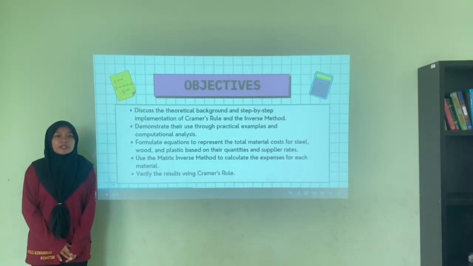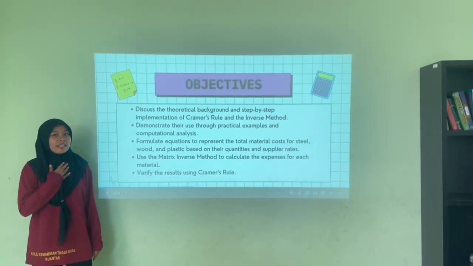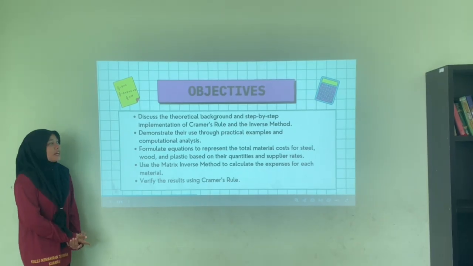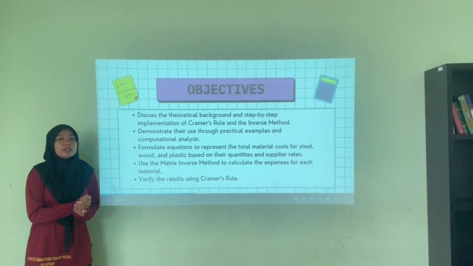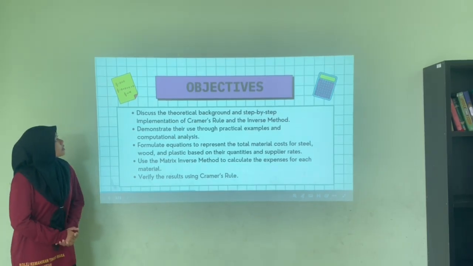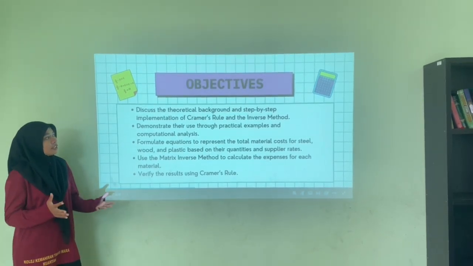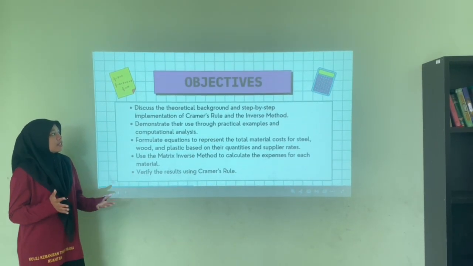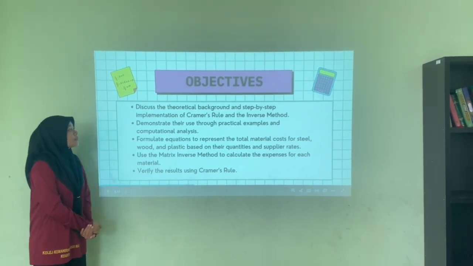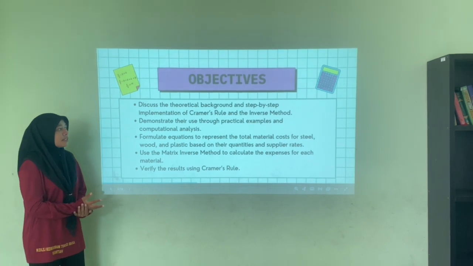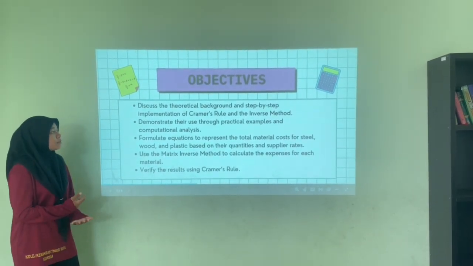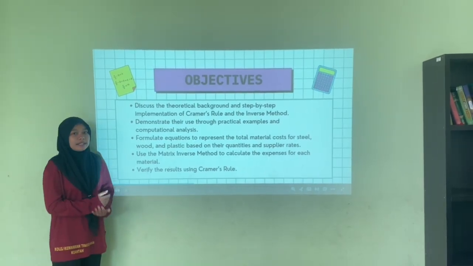Assalamualaikum warahmatullahi wabarakatuh. My name is Fatul Razati, and the second section is objectives. We have 5 objectives for this mini house model. Number 1 is to discuss the theoretical background and step-by-step implementation of Cramer's rule and the inverse method. Number 2 is to demonstrate their use through practical examples and computational analysis.